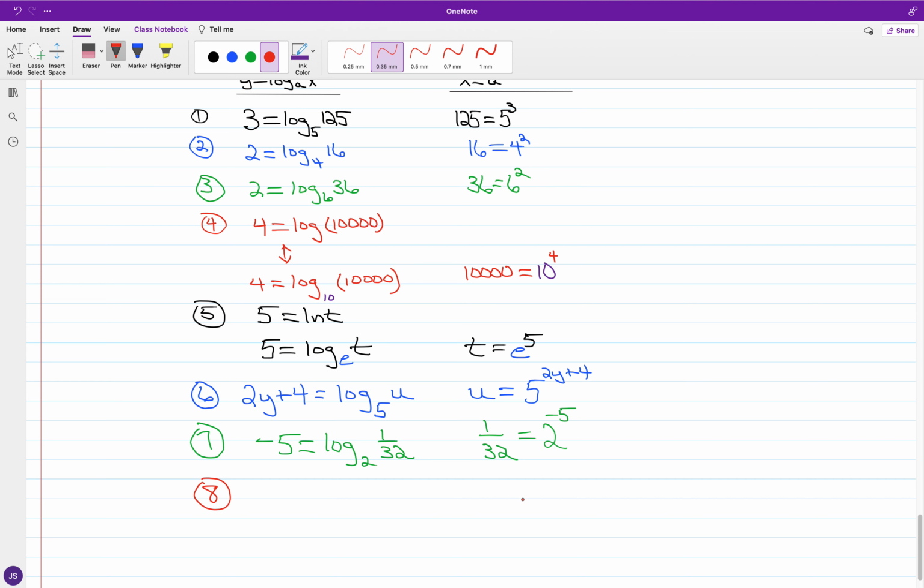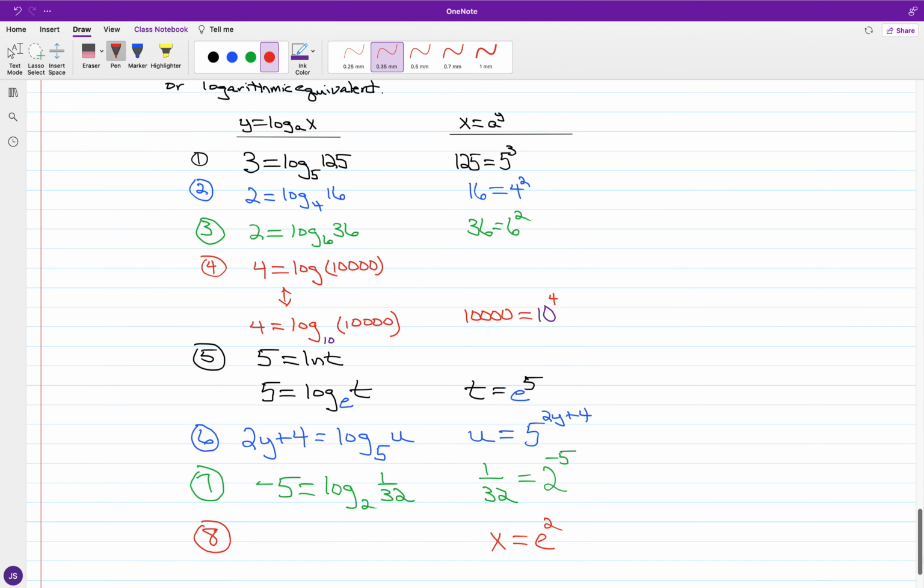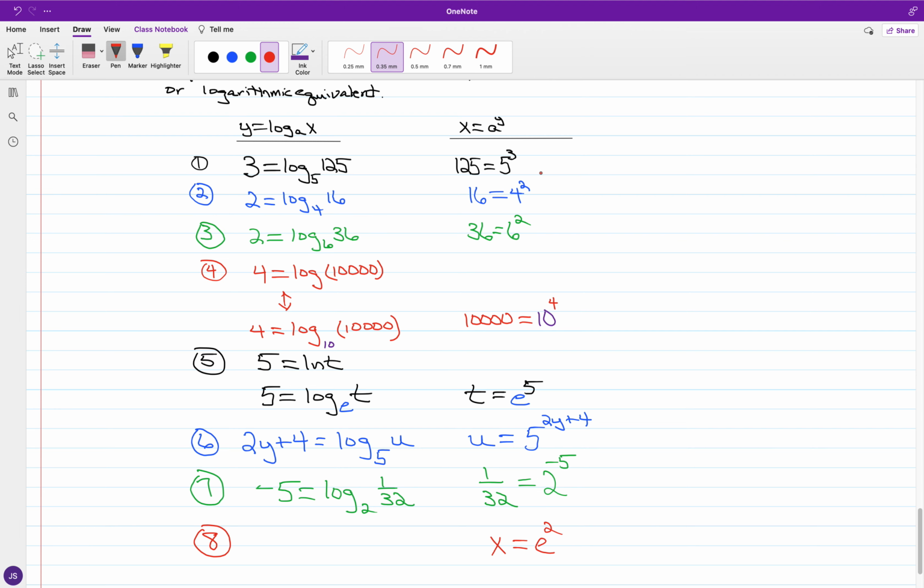And let's say I have another exponential statement, that x is equal to e to the second. So your y is going to be 2, and for your base a logarithm, we're working with a, which is the letter e.